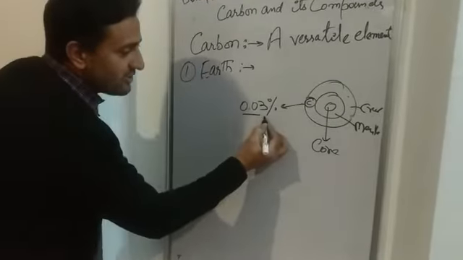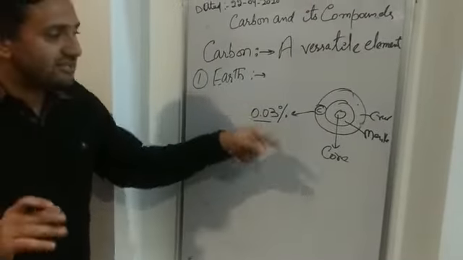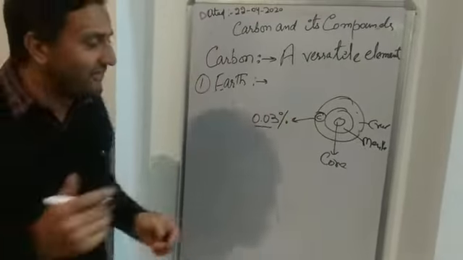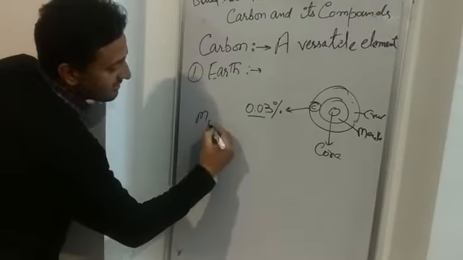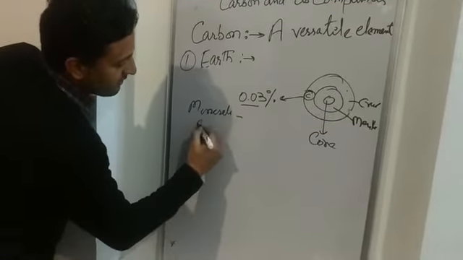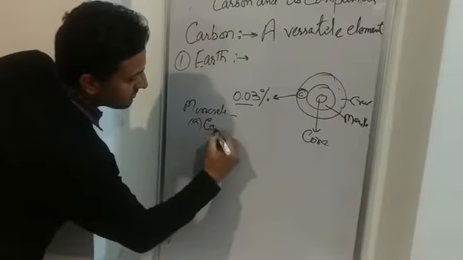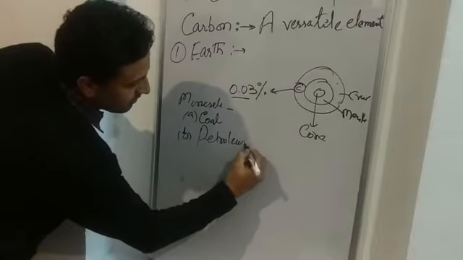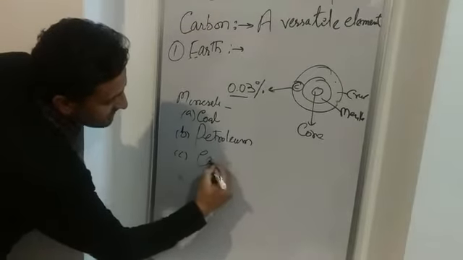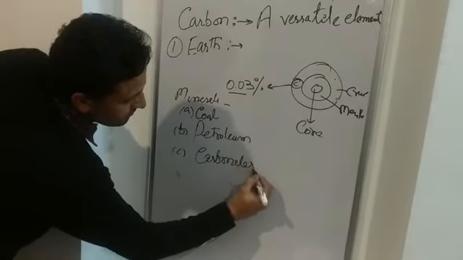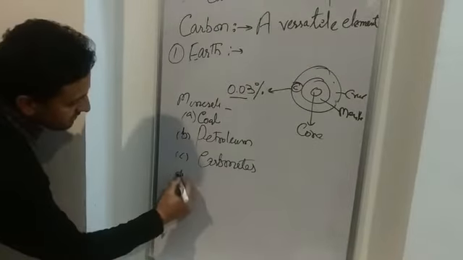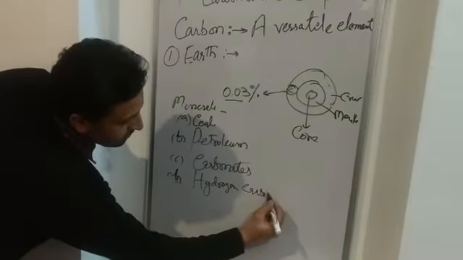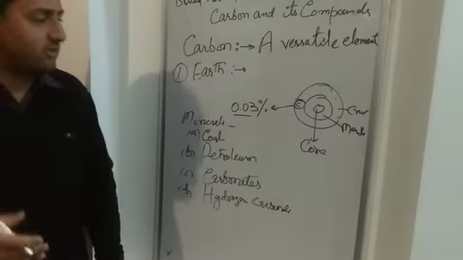This 0.03% of carbon which is present in the crust of the earth, we can get through various types of minerals, like coal, petroleum, carbonates, hydrogen carbonates, and so on.